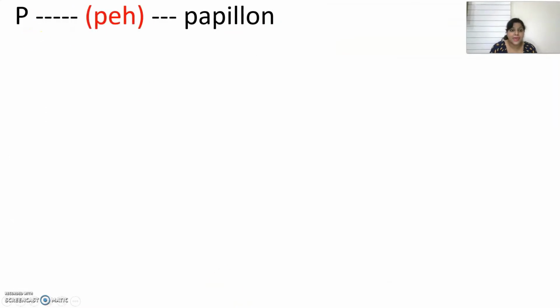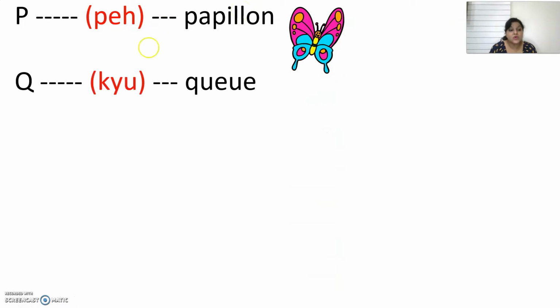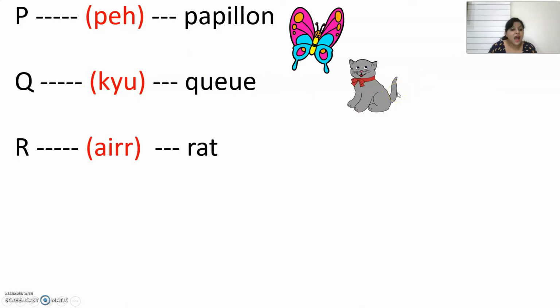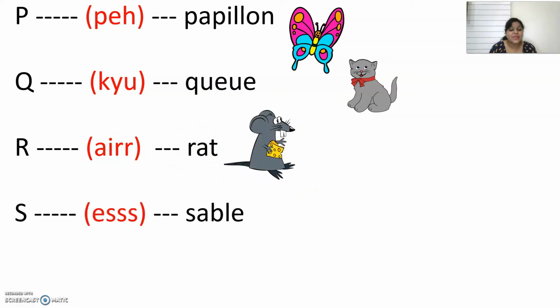P, for example, papillon, that's a butterfly. Q, for example, queue, that's a tail. R, for example, rat, that's a rat.